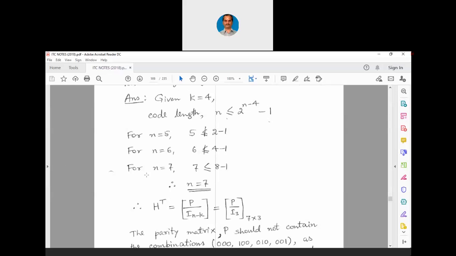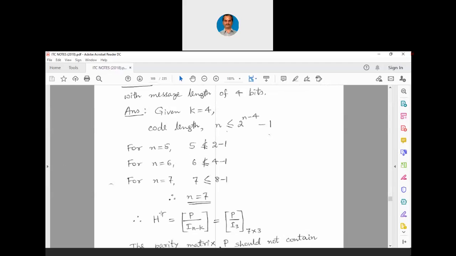So now n equals 7, therefore H transposed is now P at the top and I n minus k at the bottom, that is P and I3. Total dimension of this H transpose is 7 cross 3.